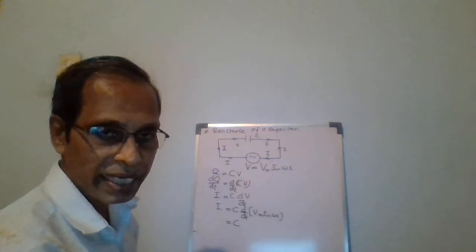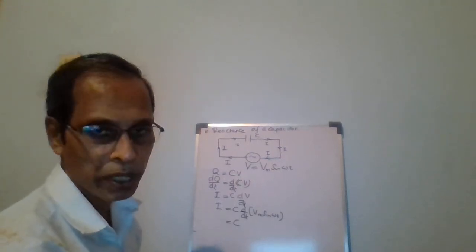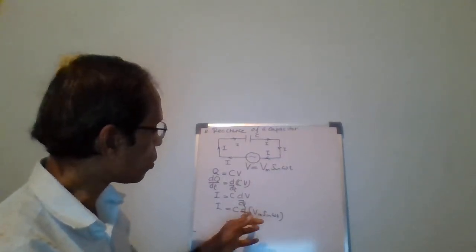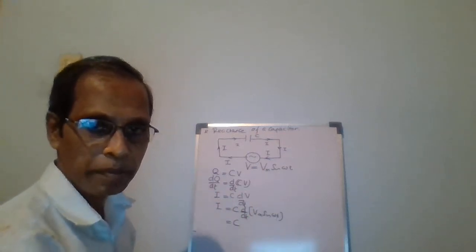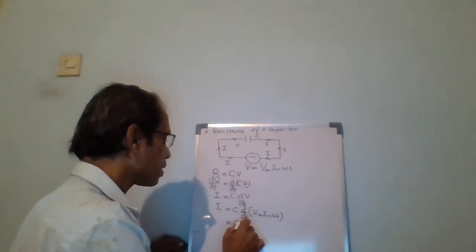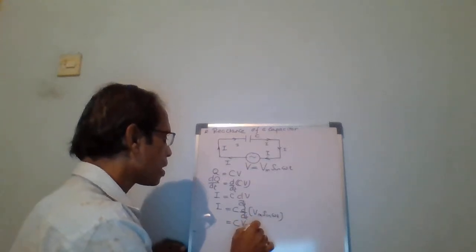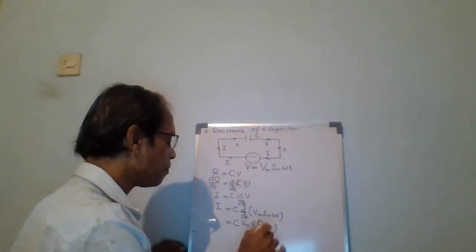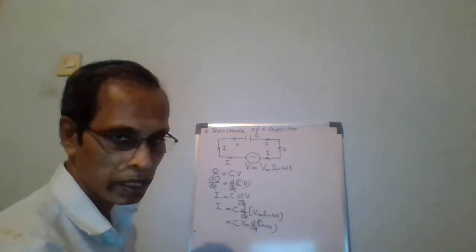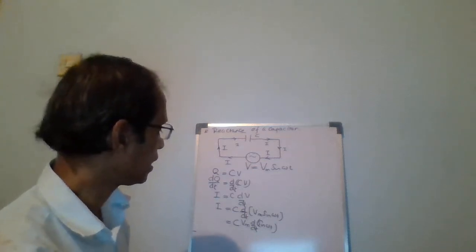Now we have to differentiate V with respect to time. Vm is a constant, so we can take Vm out. Then we only have to differentiate sine omega t.